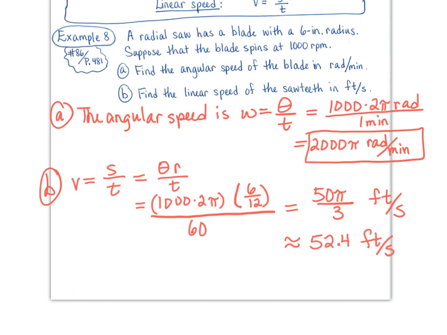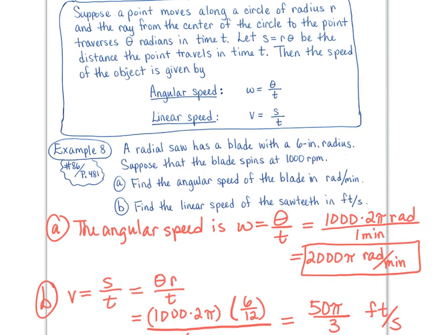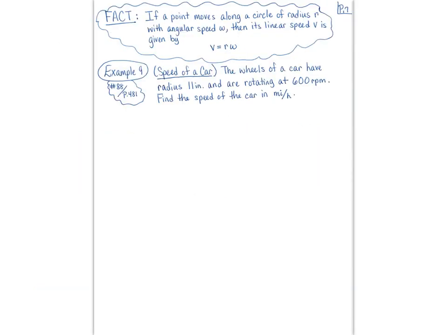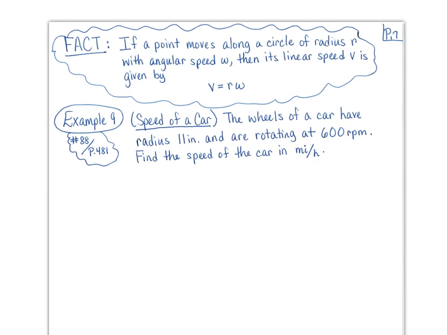Now let's move this down. That comes from V equals S over T, and then you can substitute that in and solve it. There's a way to relate angular speed and linear speed.